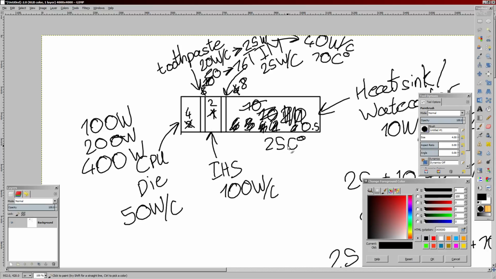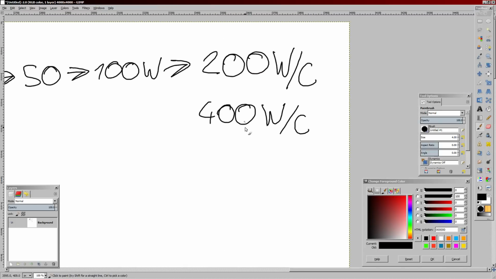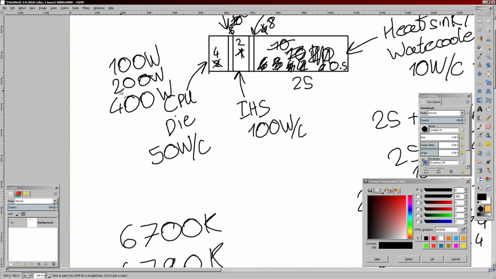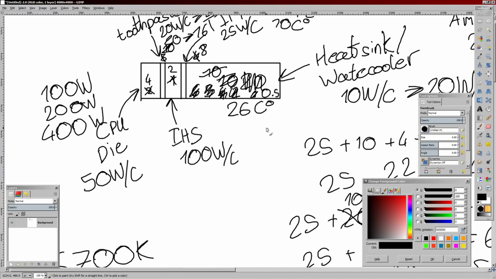So it's going to be 25 C with the 400 watt per degree centigrade cooling system, and let's say at our 400 watt heat output CPU, the water cooler would be at 26 degrees centigrade. It would be like 1 degree above ambient. So throwing more cooling here doesn't do anything because we can't go below ambient unless we get some kind of active cooling system like phase change or Peltiers to get the water temperature lower.